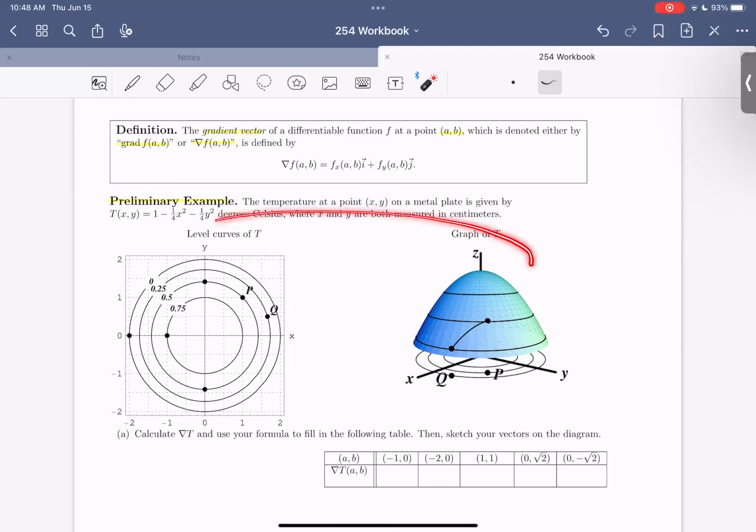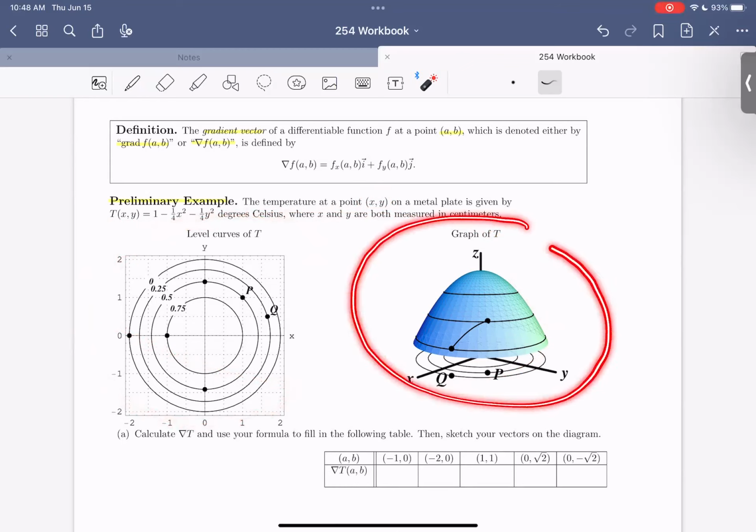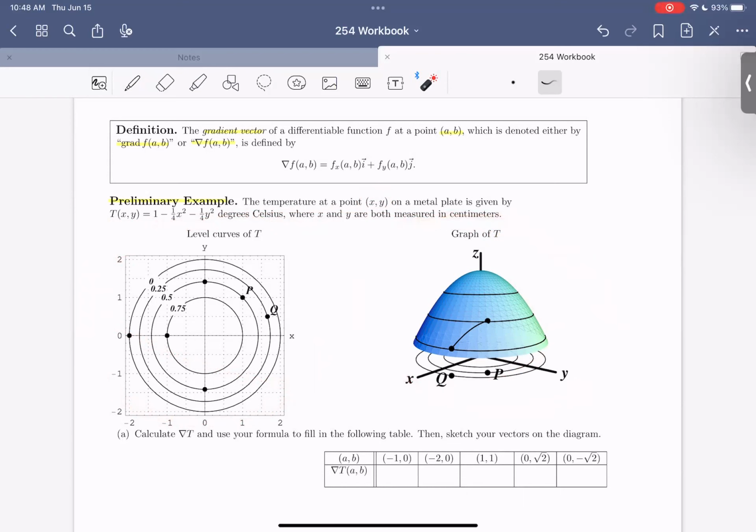We have two representations of this function here: the level curves of T on the left, and a graph of the outputs of our function for any given (x, y) input. A couple observations we can make: if we're at the center of the plate, (0, 0), then we're at the highest temperature. As we go out radially, the temperature of the plate goes down. We see that here in the level curves as well.